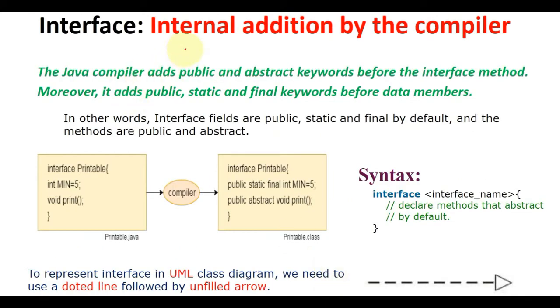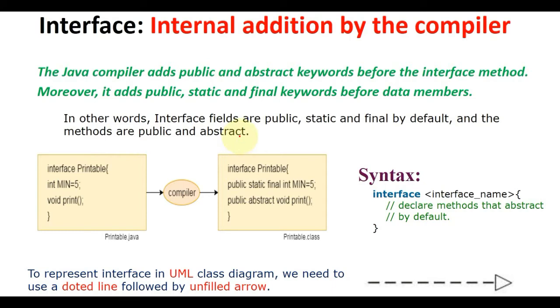This is an internal addition by the compiler. The Java compiler adds the public and abstract keywords before the interface method, and it adds public, static, and final keywords before the data member. In other words, interface fields are public, static, and final by default, and the methods are public and abstract by default.